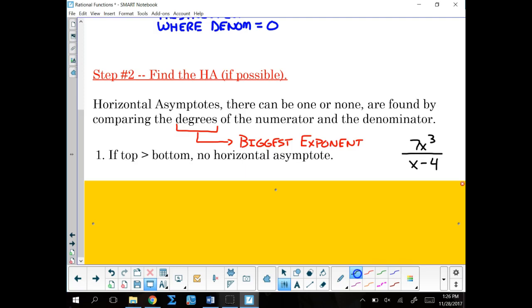That function would not have a horizontal asymptote. I don't even want to tell you what it is, because you're not going to be happy with it. That asymptote is a parabola. It's a parabolic asymptote. Maybe.